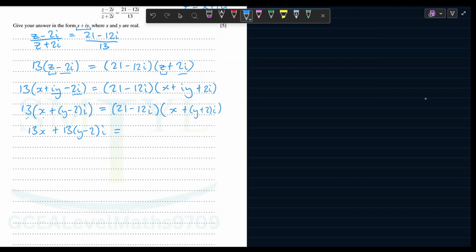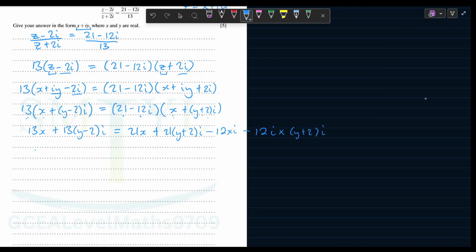And then here, 21 times x, so 21x, then 21 times the bracket, so plus 21(y plus 2i), and then negative 12i times x, so negative 12xi, and then negative 12i times the bracket, so that's negative 12i times (y plus 2i).